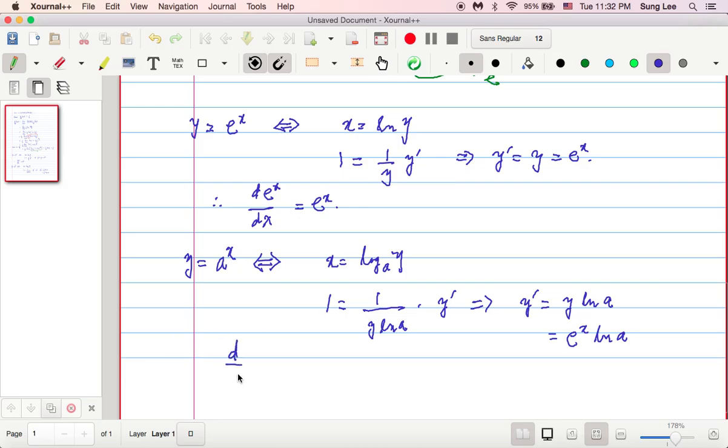So we just found out that the derivative of a to the x equals e to the x times ln of a.